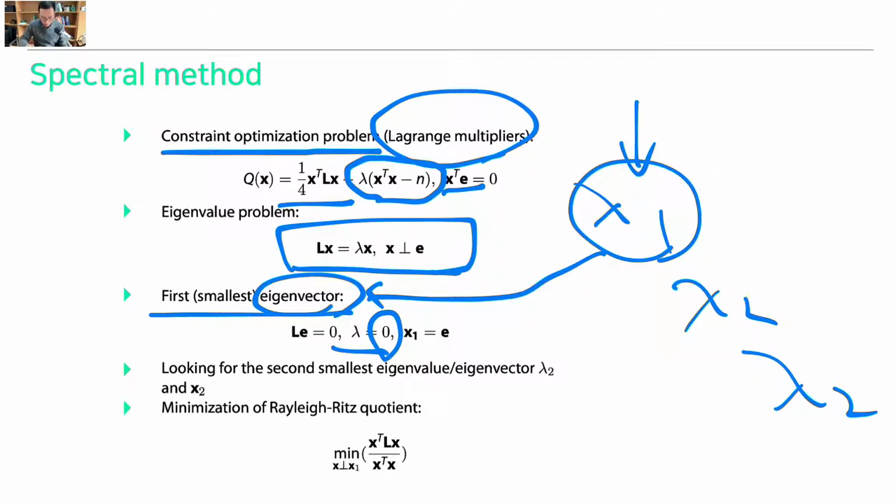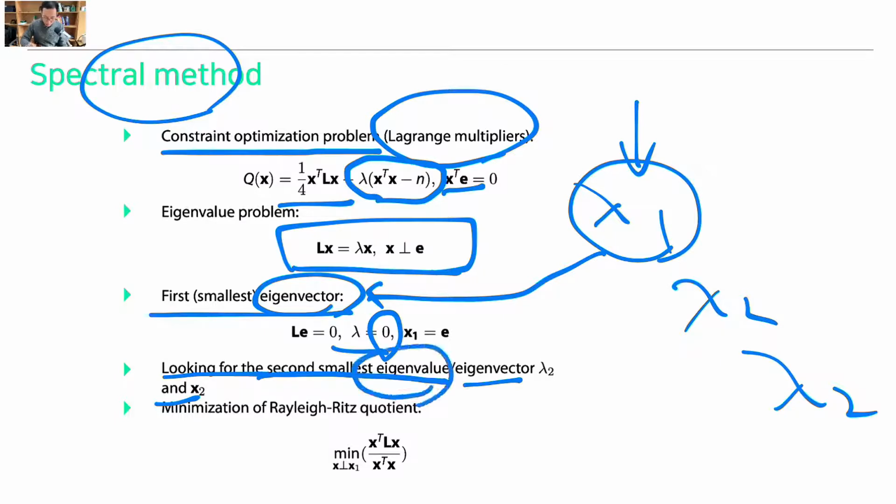So for the spectral method, we use the eigenvalue and eigenvector. Now this problem is converted to an eigenvector and eigenvalue problem. That's why we call this a spectral method. And we look for the second smallest eigenvalue and eigenvector in this eigenvalue problem. And as long as we are able to find the smallest eigenvalues and each corresponding eigenvector, we are able to find the partitions.